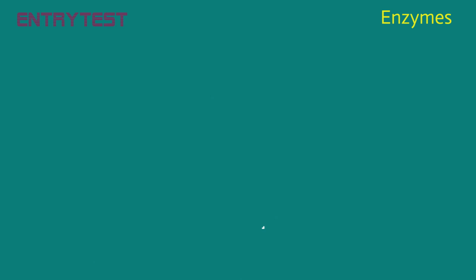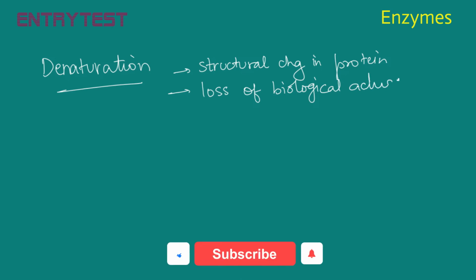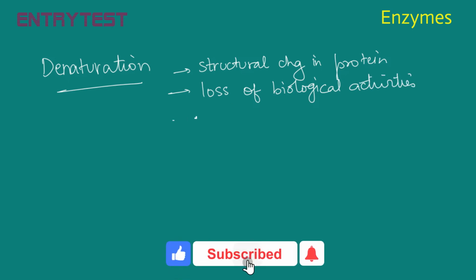So coming back to the topic of denaturation, what is denaturation? It's a structural change in a protein. It results in loss of biological activity, and usually it is permanent in nature.